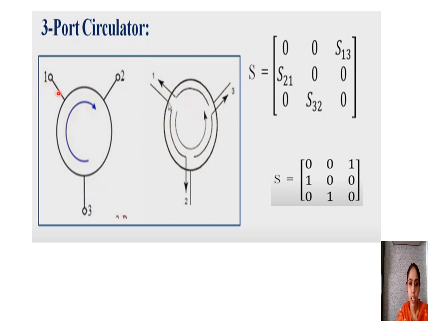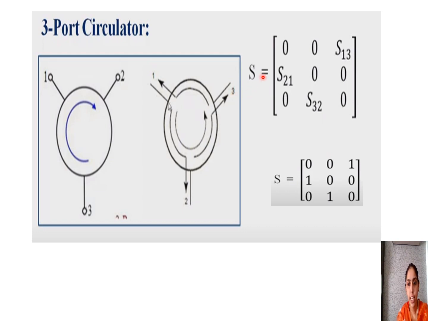If we apply the input at port 1, it will appear only at port 2. If we apply the input at port 2, it will appear only at port 1. During that time, the third port will be the isolated port.